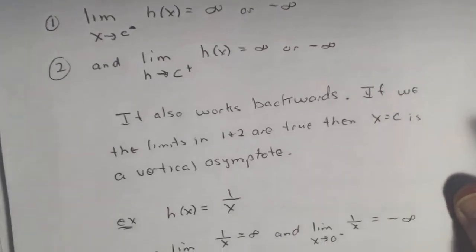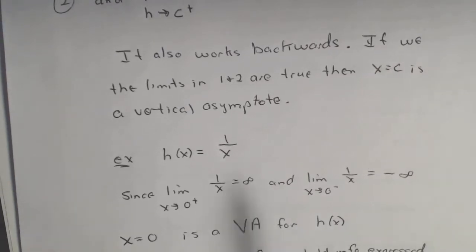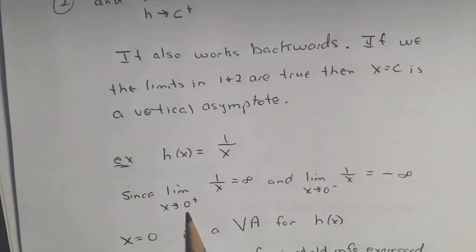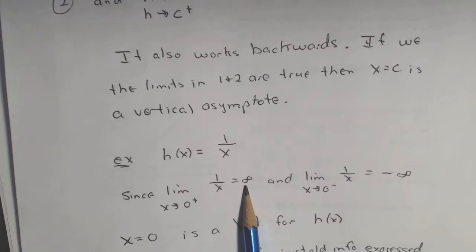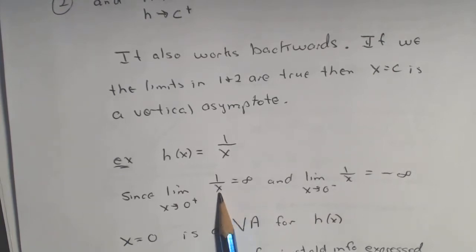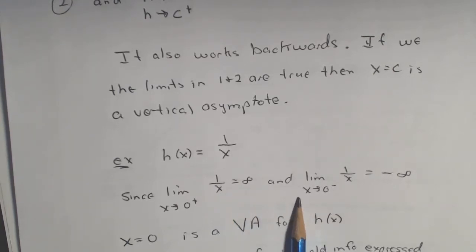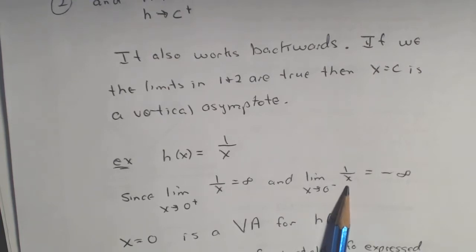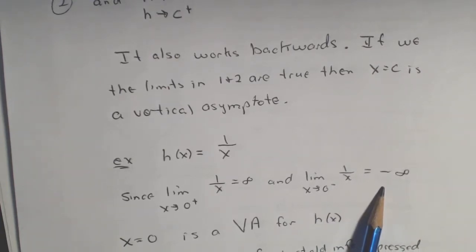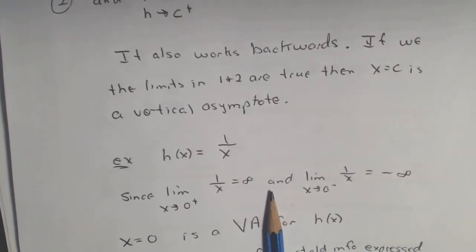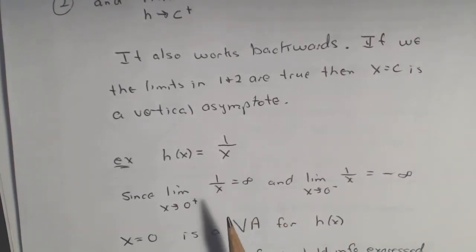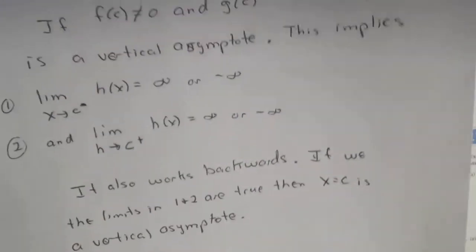And then here's an example. Here's 1 over x. As you approach 0 from the right, you've got infinity because 1 over infinitely small is big. As you approach 0 from the left, you've got negative infinity. We're not talking about the vertical tangent things we were a second ago; those were just to be sure that we know what we're talking about.